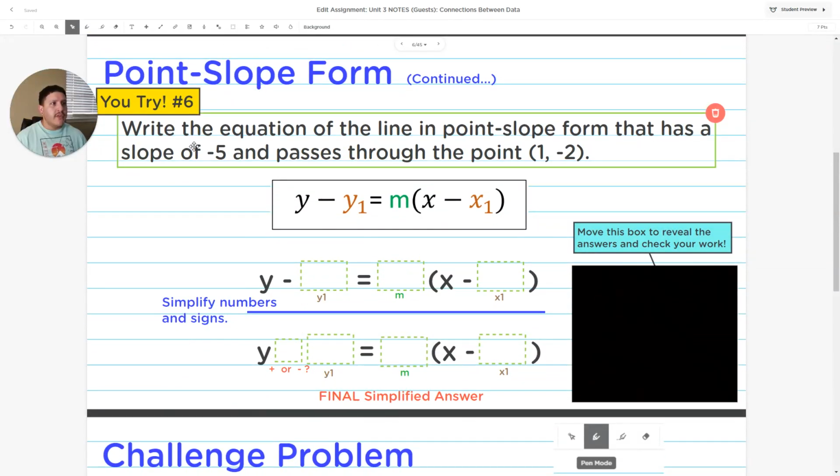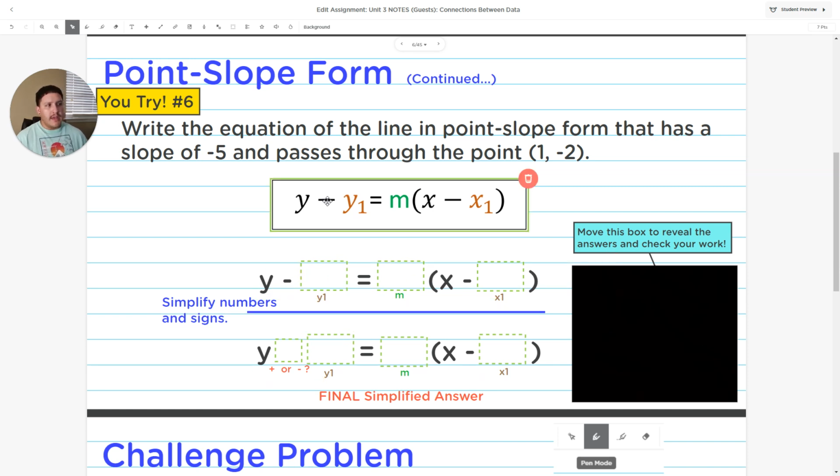Okay, you try number 6. Write the equation of the line in point-slope form that has the slope of -5 and passes through the point 1, -2. Okay, so here's the point-slope formula. You're going to put your numbers in, and then you're going to simplify any double negatives that you see.